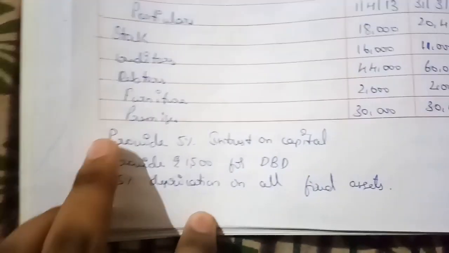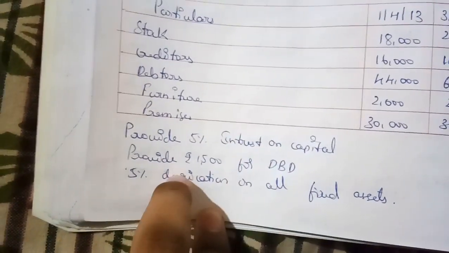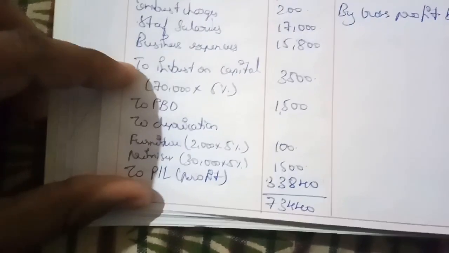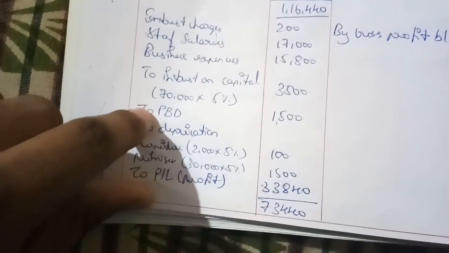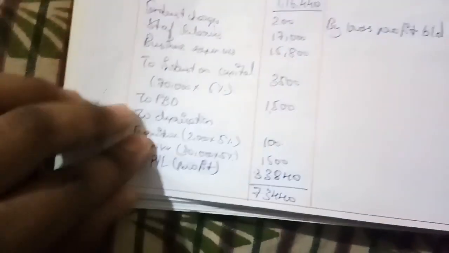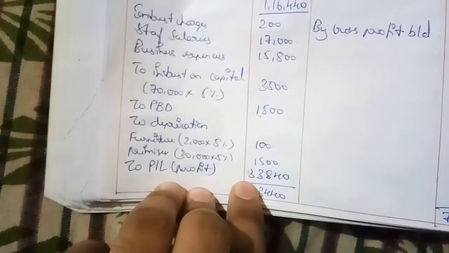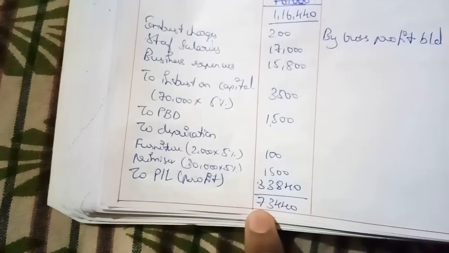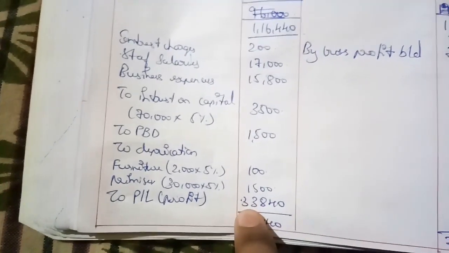It came from these three: provide 5% interest on capital, provide 1,500 for PBD, and 5% depreciation on all fixed assets. So I have done the interest calculation, PBD, and depreciation, and our profit is 33,840, and the total balance was 73,440. So the answer is 33,840.